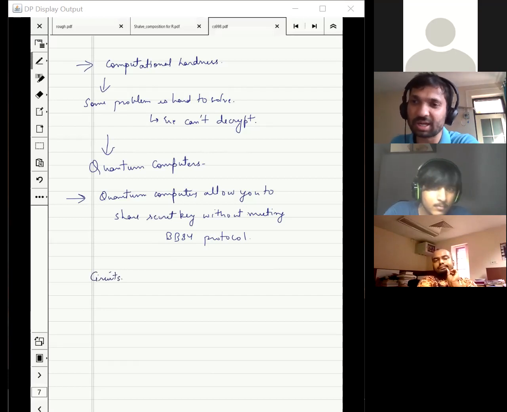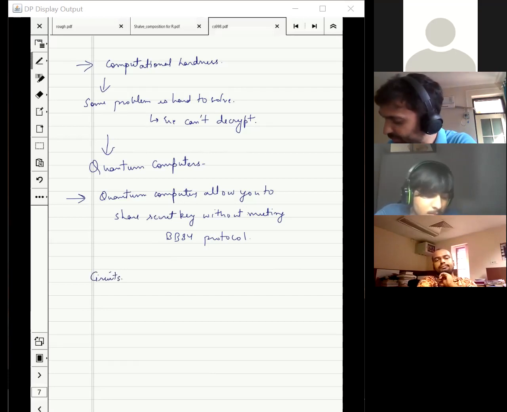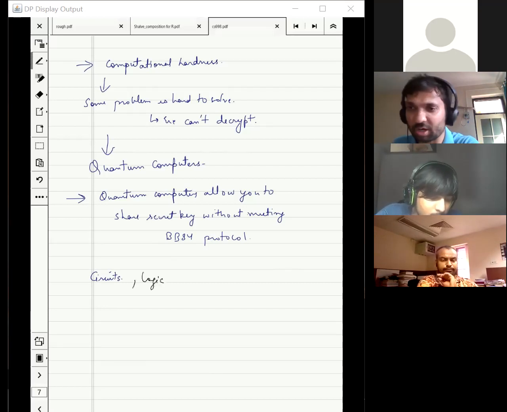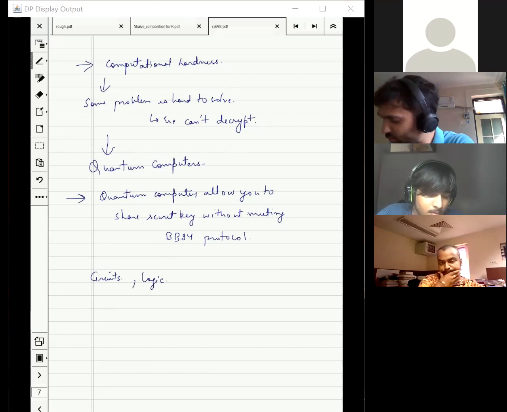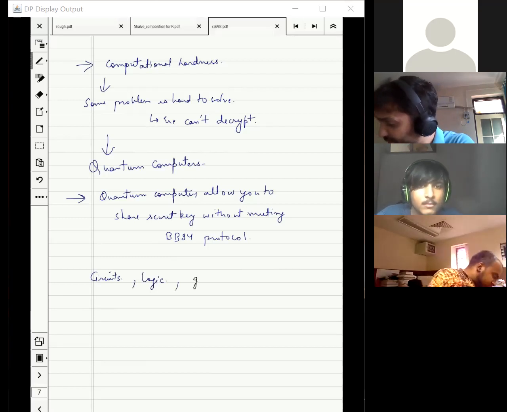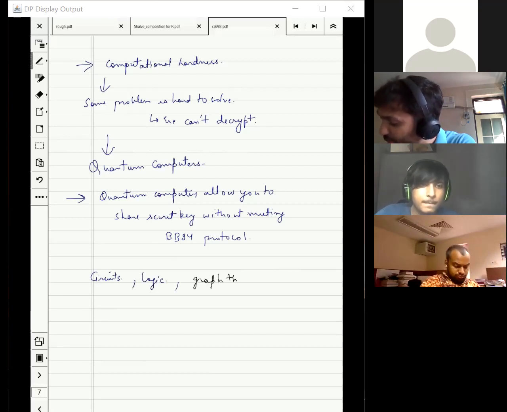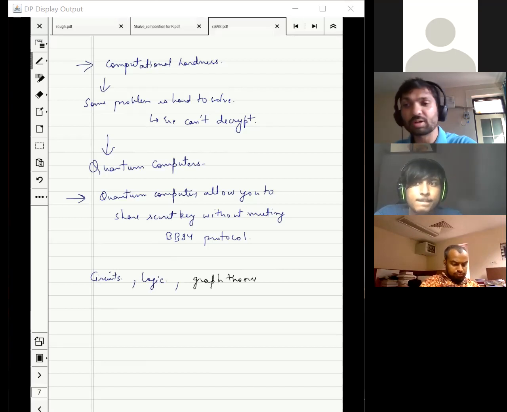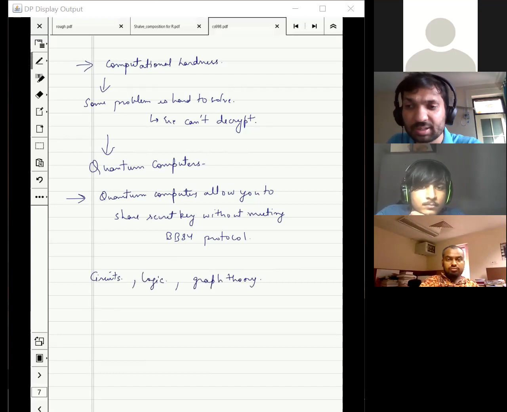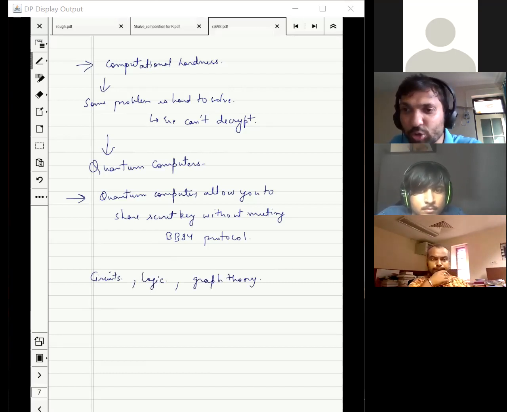So a circuit is in itself a Boolean function. Logic, many of you have heard about AND or NOT gates and logic and everything. I don't have to say. Graph theory. Boolean functions come out to be of big use in graph theory. Can anyone guess why? How do you represent basic things in graph theory using Boolean functions?